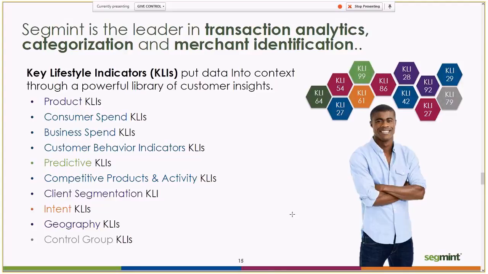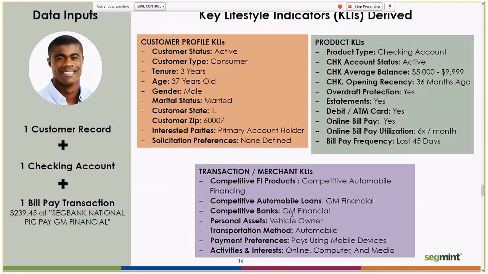This is a really good example of the key lifestyle indicators and attributes that we're searching for, and this isn't all of them in total. We seek to assign upwards of 7,000 to 10,000 different key lifestyle indicators that a member of yours could potentially have, but this gives you an example with just 3 basic data points within your core and other systems, from the channels and services you supply them.